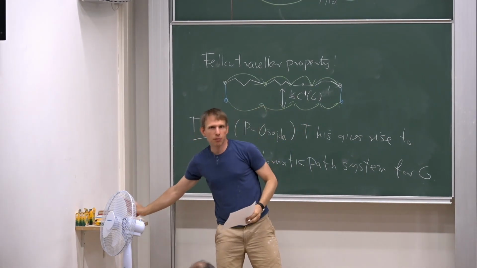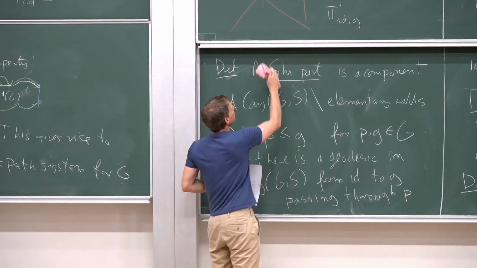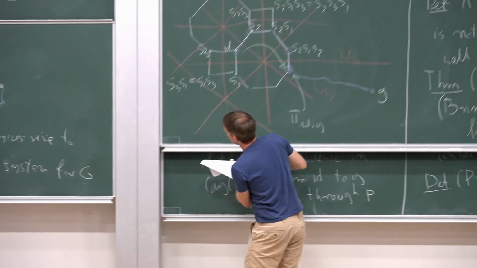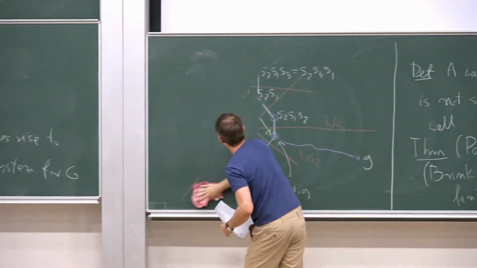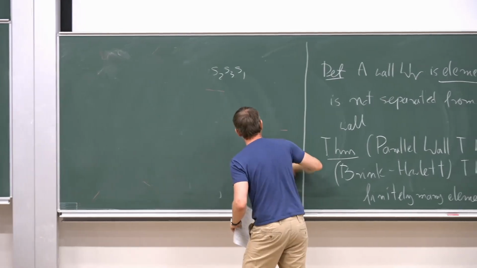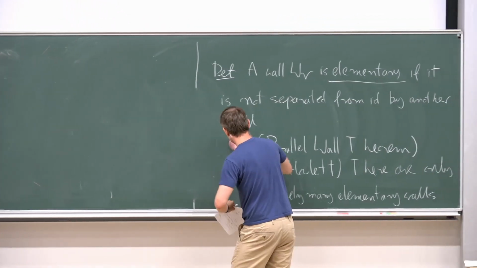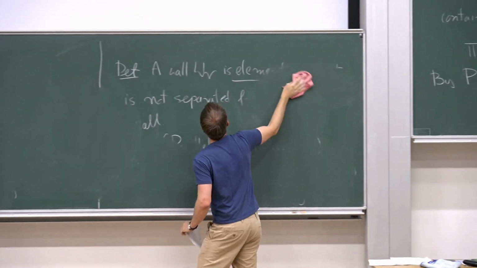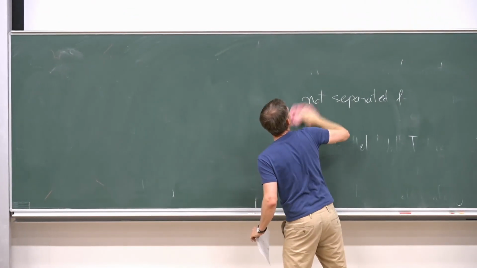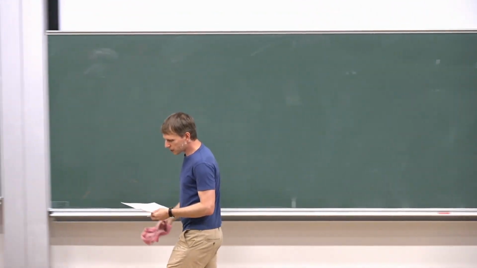Okay, so now I can pass to the concept from the title of the talk. This is the concept of a Garside shadow.